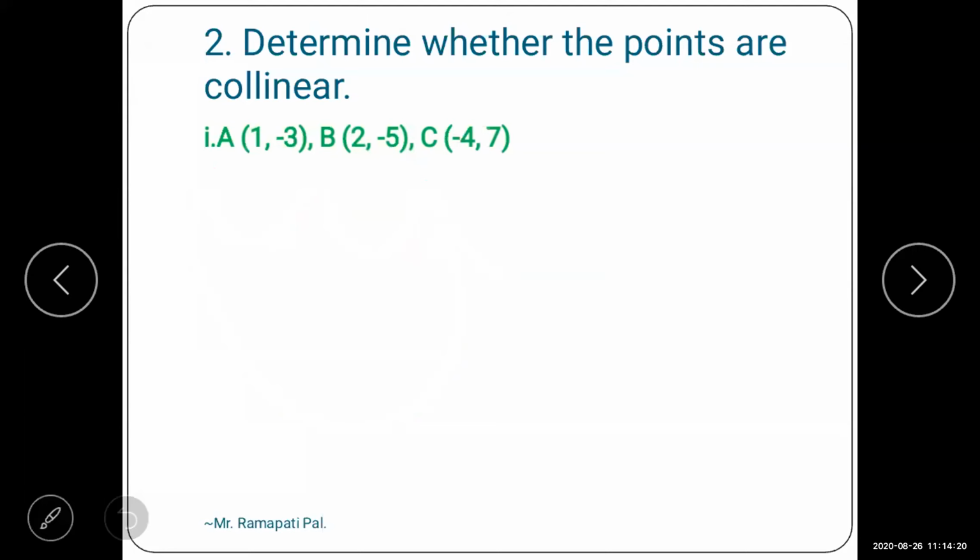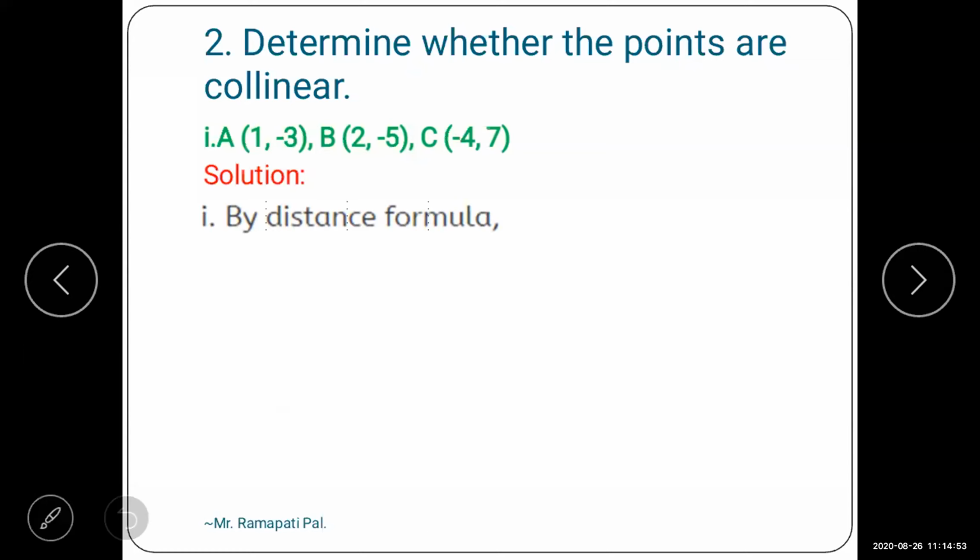So are you ready to solve by the distance formula? Come now. By using the distance formula, we know what x1, y1, x2, y2 are. Or simply we can take x1, y1, x2, y2.